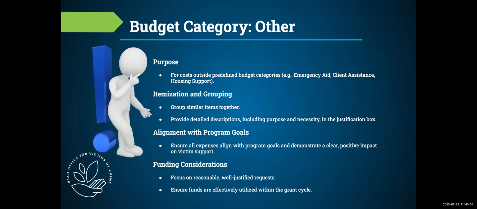This means that the expenses should be realistic and necessary for the current year, and you should avoid overestimating costs or including items that aren't directly tied to achieving your program's goals. Again, make sure everything is clear, justified, and focused on supporting victims. If you're unsure whether an expense belongs in the other category, please submit a question on the public Q&A, and the UOVC grant staff will provide a response.